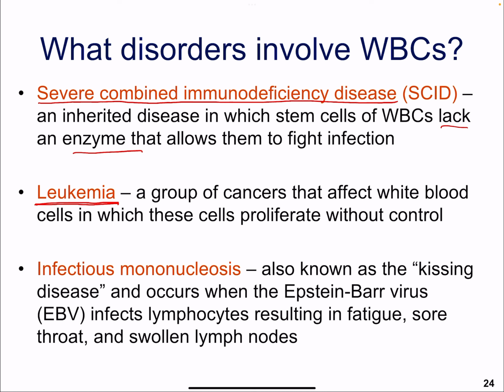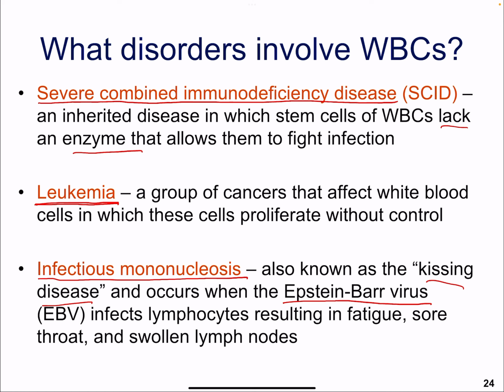Another one we want to mention for this course is infectious mononucleosis. Infectious mononucleosis is also known as the kissing disease because that disease is actually transmitted between people when they kiss. Okay? It's basically caused by a virus, the Epstein-Barr virus.